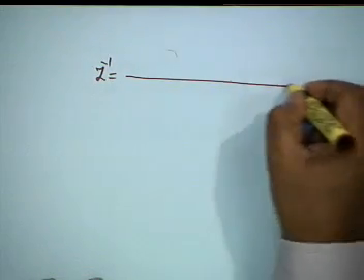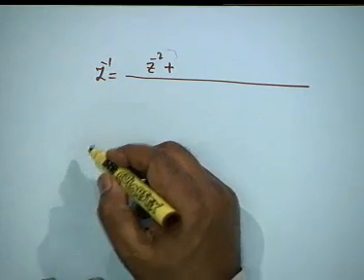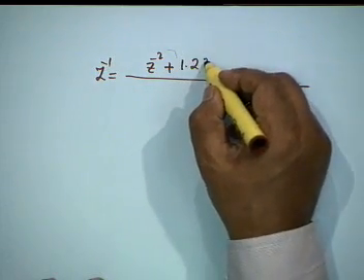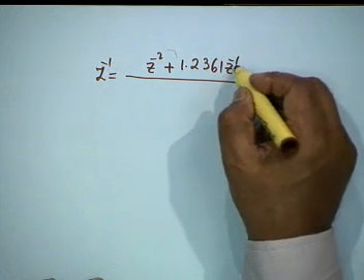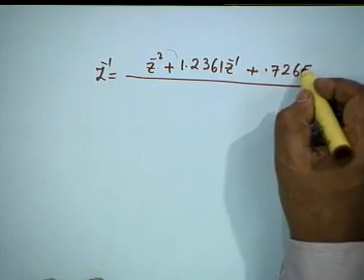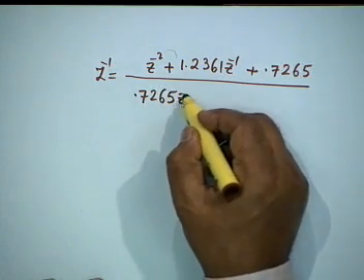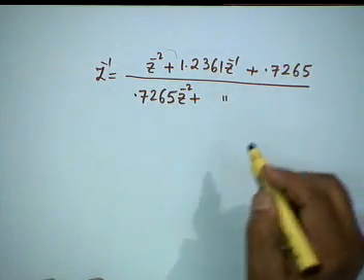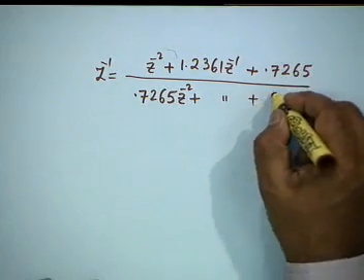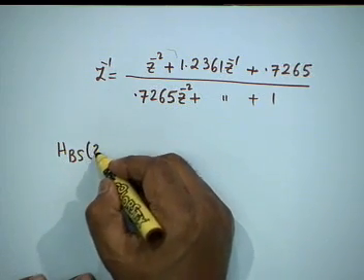Therefore, in order to avoid mistakes, we write the z inverse z to the minus 2, the sign would be plus 1.2361 z inverse plus 0.7265, then 0.7265 z to the minus 2 plus middle term is the same plus 1.